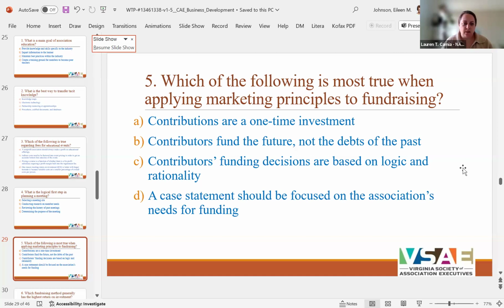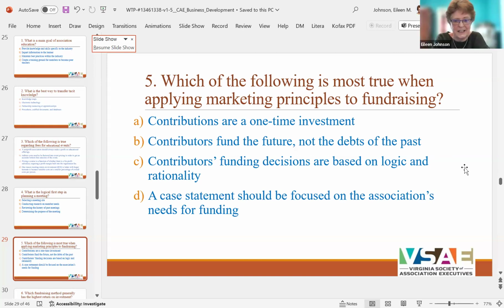I don't know if C, contributors' funding decisions are based on logic and rationality, is correct, because I feel like marketing usually tries to appeal to emotions. I'm not sure. I'm going to guess B, contributors fund the future, not the debts of the past.